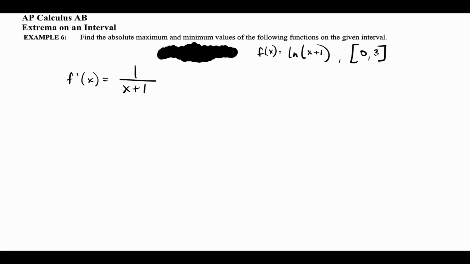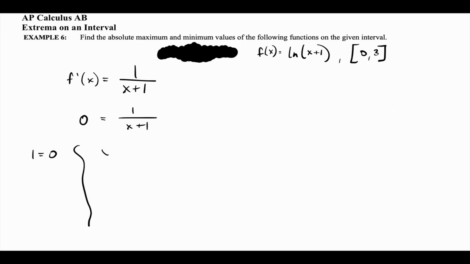Next step, set it equal to 0. How do I solve this guy? There you go. Set the top and the bottom equal to 0. Good. Set the top equal to 0. So that would be 1 equals 0.